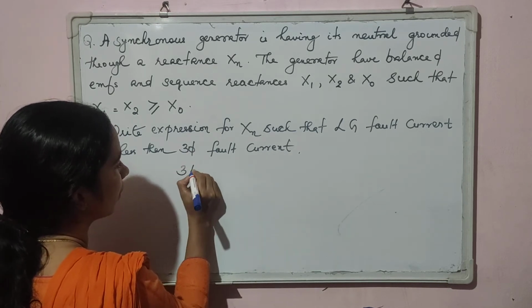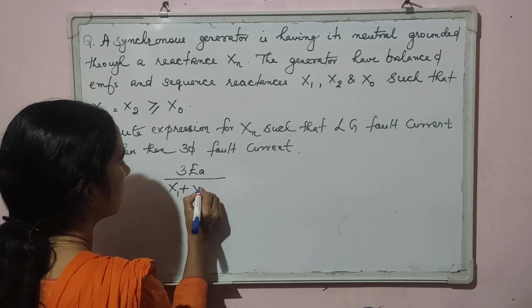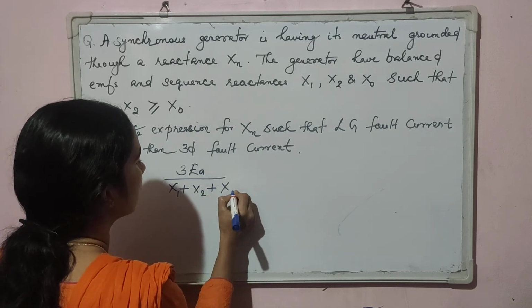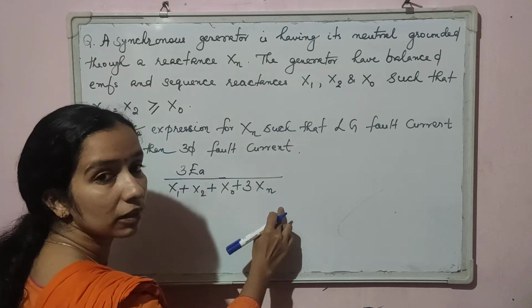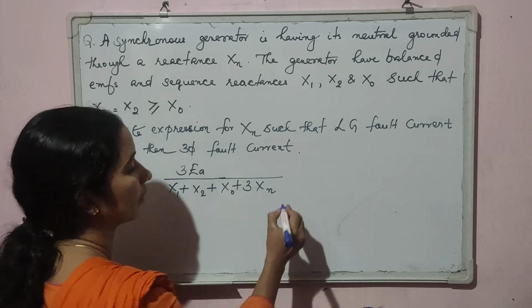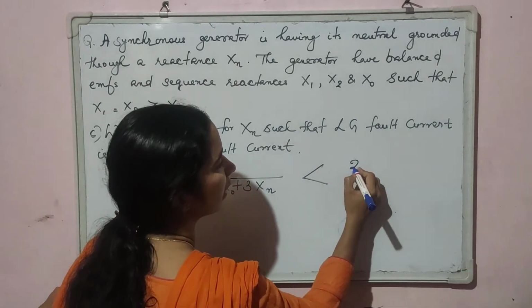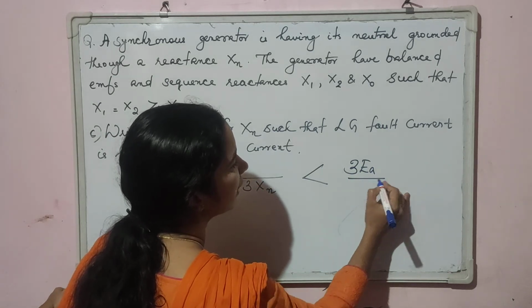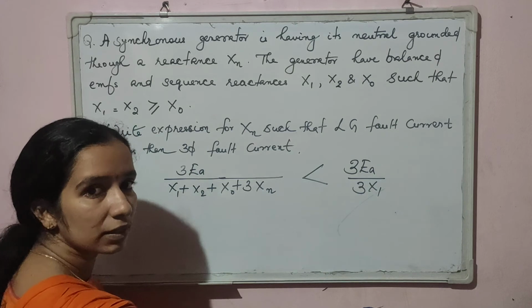So the LG fault current is 3EA divided by X1 plus X2 plus X0 plus 3Xn. Here we have to consider Xn because we are going to calculate the expression for Xn. And the LG fault current is less than the three-phase fault current, that is 3EA divided by 3X1. The numerators are the same.